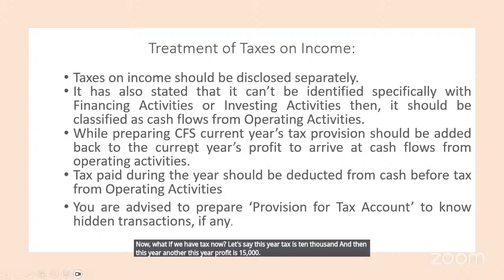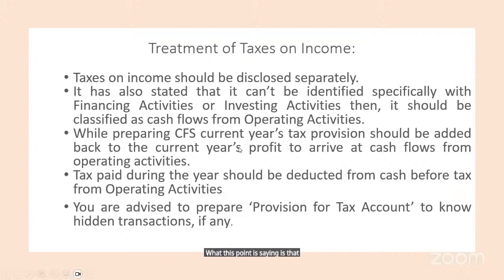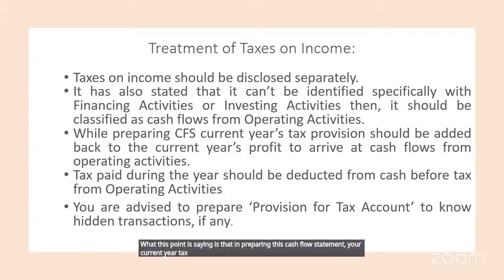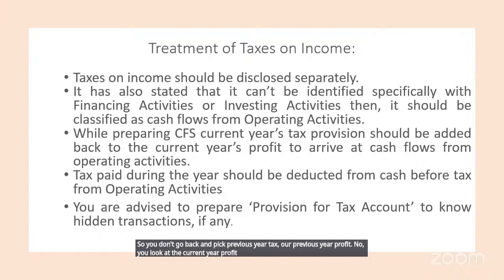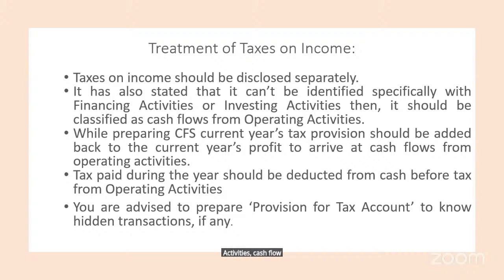In preparing this cash flow statement, your current year tax of 10,000 will be added to the current year profit to arrive at the cash flow from operating activities. So you don't go back and pick previous year tax or previous year profit. You look at the current year profit as well as the current year taxes, match them together, and add them to get your cash flow from operating activities.